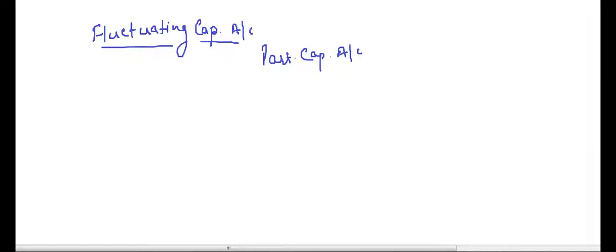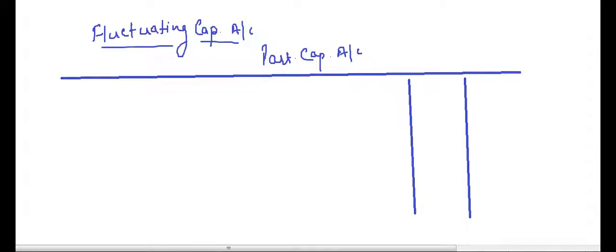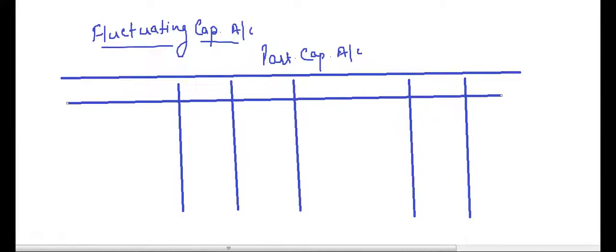The partners' capital account under the fluctuating capital is nothing but the partners' current account under the fixed capitals.